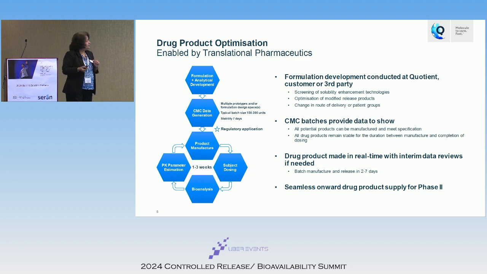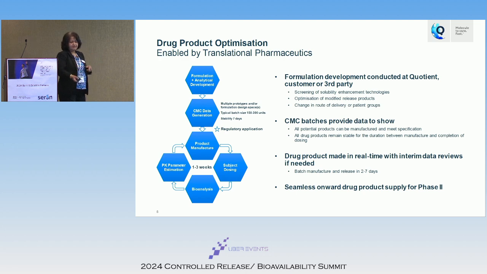And by that, we mean we'll try to have flexibility in the types of formulations we make. So we will develop a design space, which I'll explain on the next slide. We do that design space development, we generate CMC batches, and then we make the regulatory application.